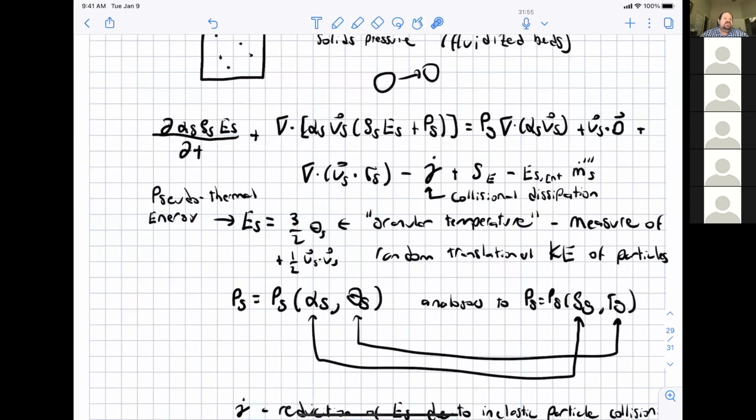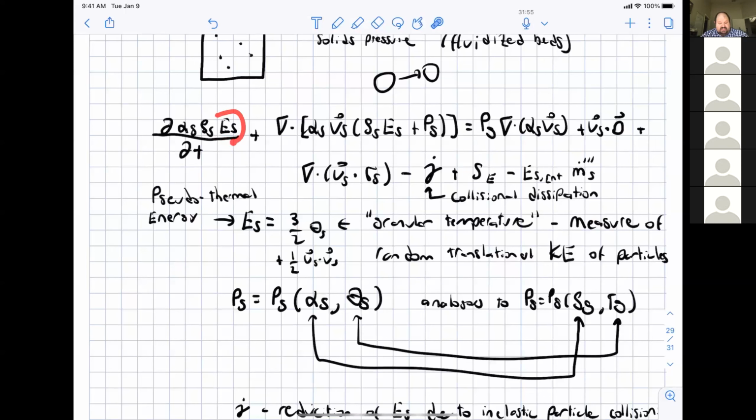It is the exact same concept as the random translational kinetic energy of a gaseous molecule. For those of you who've taken some high-speed aerodynamics courses, it's the same concept as the translational temperature for a gas. It is identical to that.